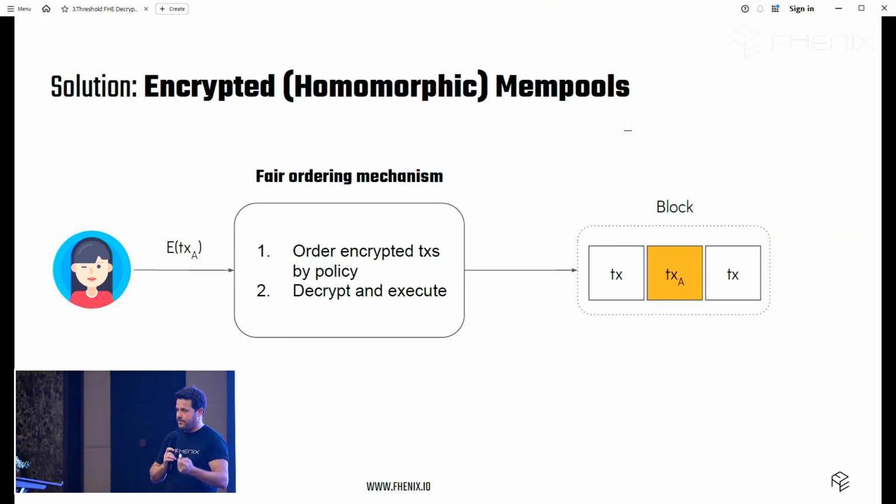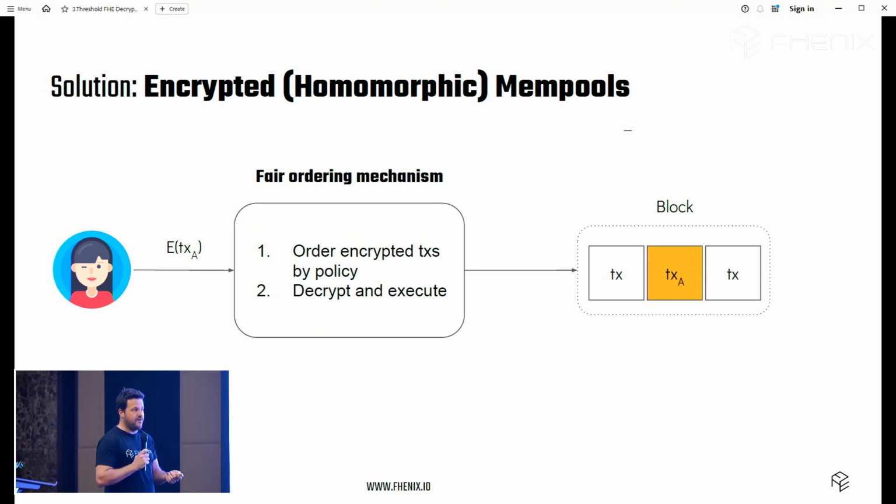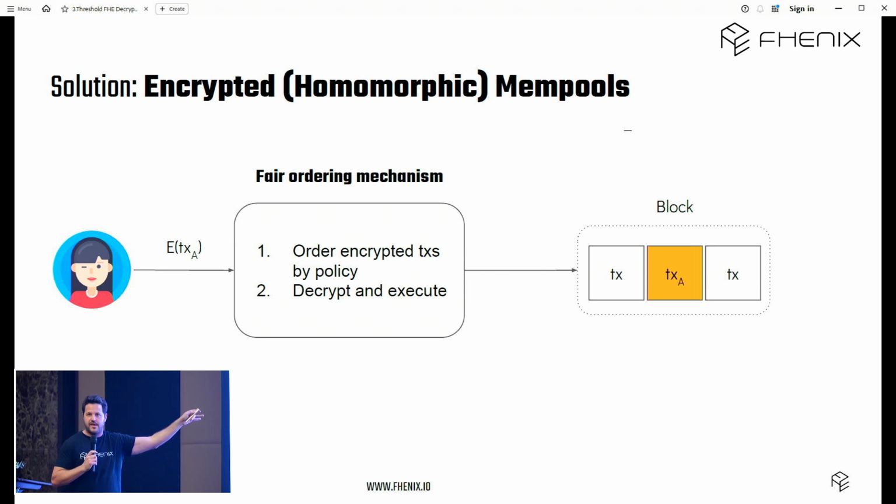And really the solution that the industry is going for is encryption. This is already happening, right? Flashbots does it with TEEs, Fairblock does it with MPC, Secret does it with TEEs as well. Many solutions like that are happening, but all of them follow this blueprint. Clients encrypt their transactions, so no one can see them in the mempool, no one can see the logic.